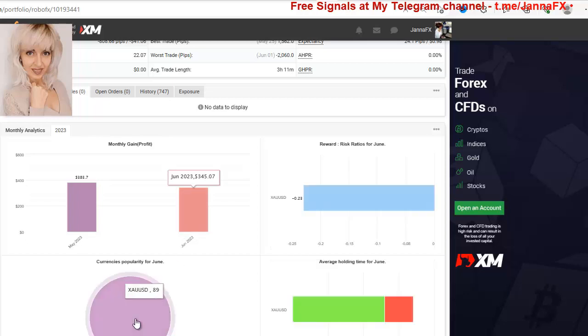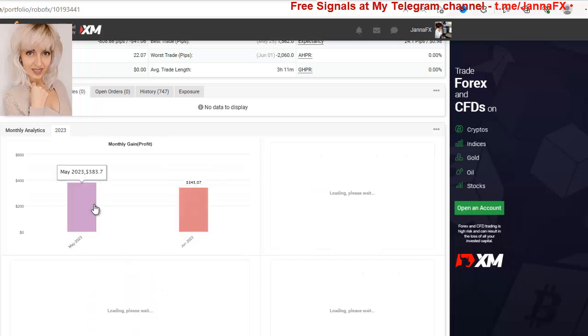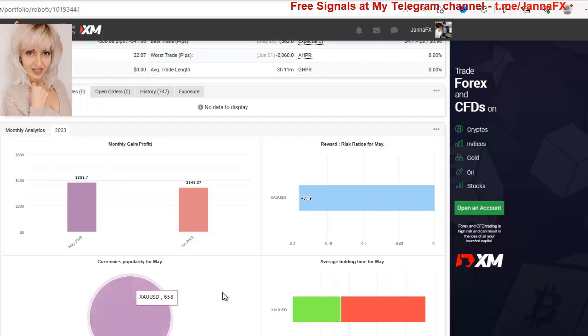Just want to show you, see, guys, it's purely just gold. That's it, all fully automatic, and let's see how it's going to perform afterwards. Next month, of course, July. No, June, we're still in June. But the results will obviously be in July, like 1st of July, we will see.